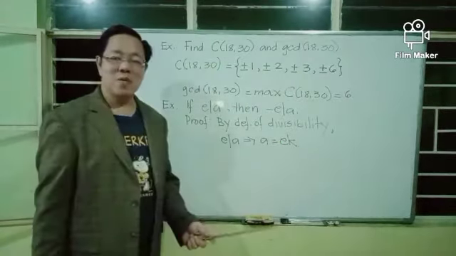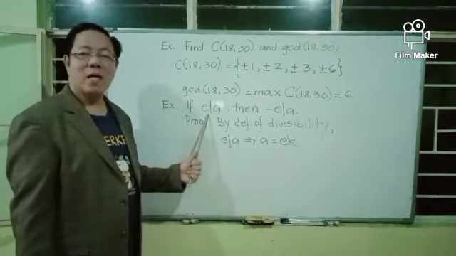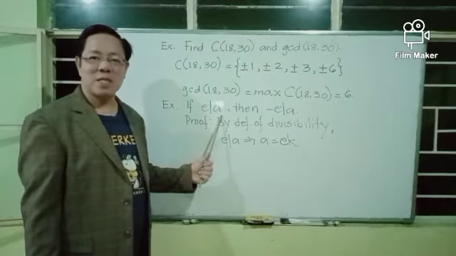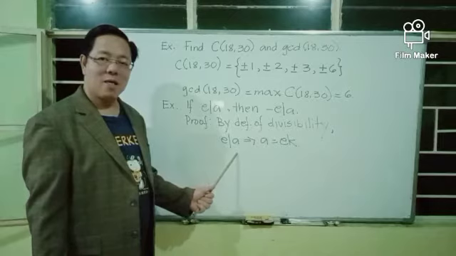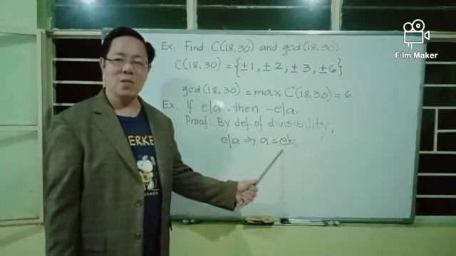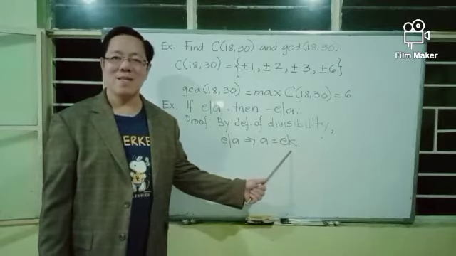By definition of divisibility, we apply the definition of divisibility to the given e divides a. And by definition of divisibility, if e divides a, this implies that a can be written as e multiplied by k for some k, where k is an integer.